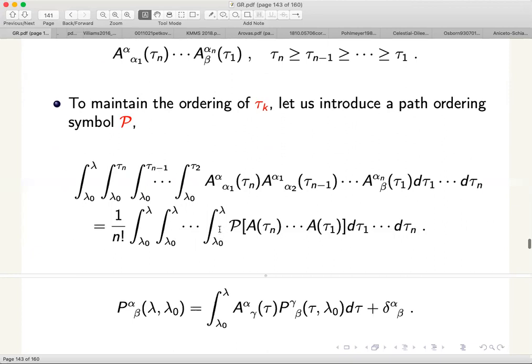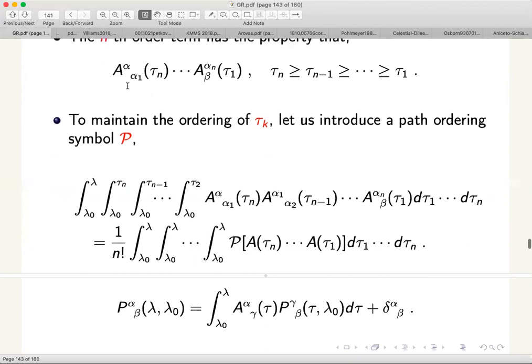That is what the path ordering will take care of. Path ordering has an advantage that if you find tau n minus 1 actually greater than tau n, then the path ordering operator will automatically take care of it. You don't have to explicitly take care of that. That is the process that a path ordering would do.